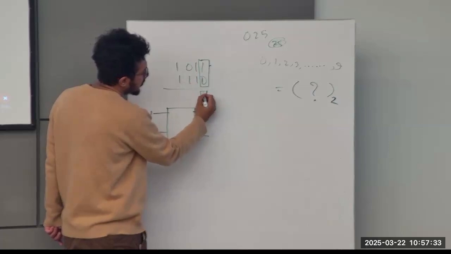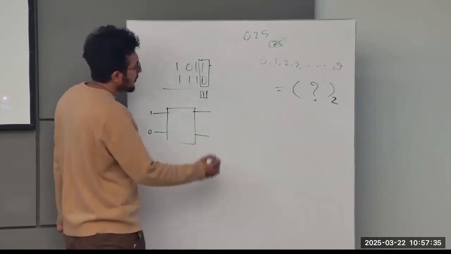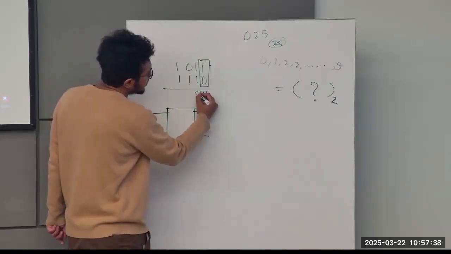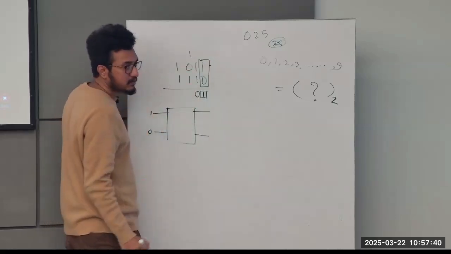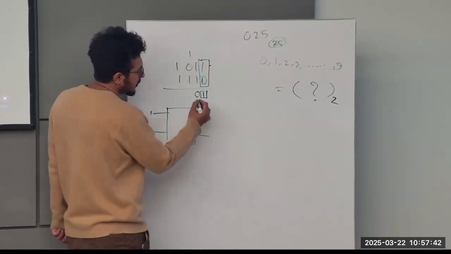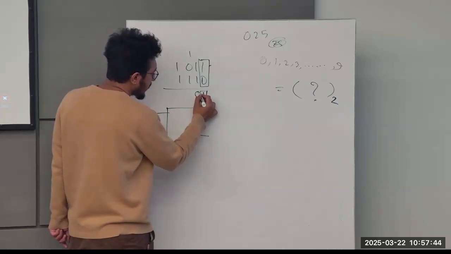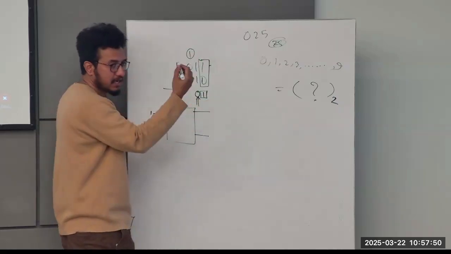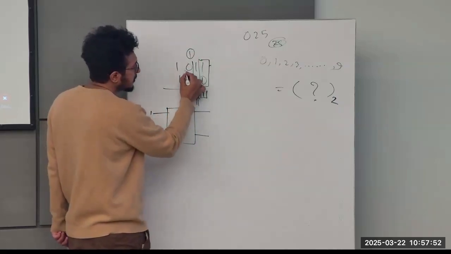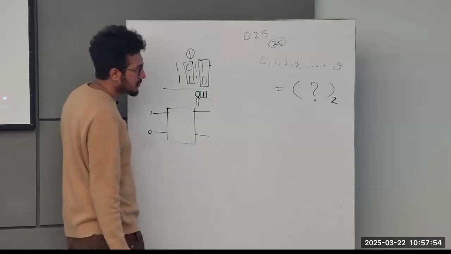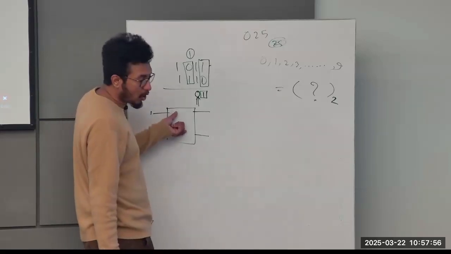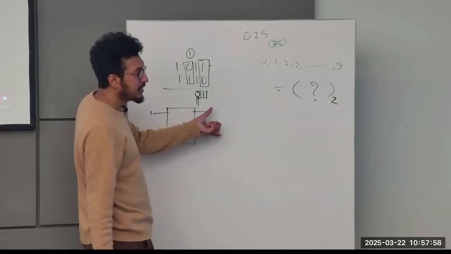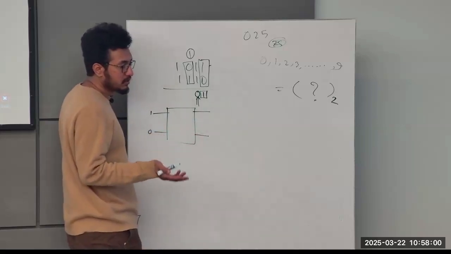If I add 1 and 0, what will we get? 1. But if I add 1 and 1, we will get a 0 here and 1 here, right? So you will have a number that you will put here in the result, and another one that is passed to the next binary bit.